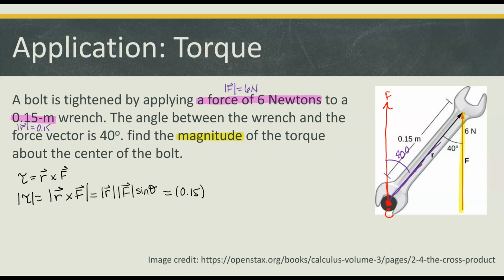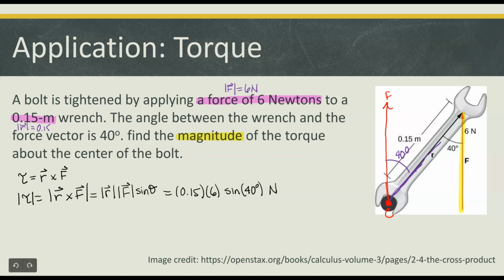The magnitude of the force, or the total force being applied to the wrench, is 6 newtons. And then we have the sine of the angle between them. That's a sine of 40 degrees. Now notice that our lever arm, or the length of that wrench, is in meters, and our total force that is applied to the wrench is in newtons.